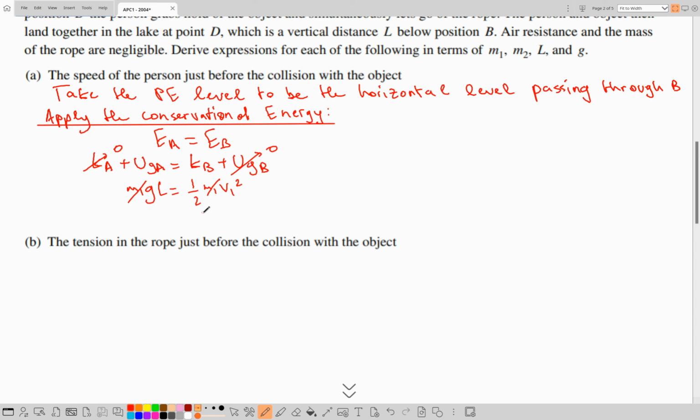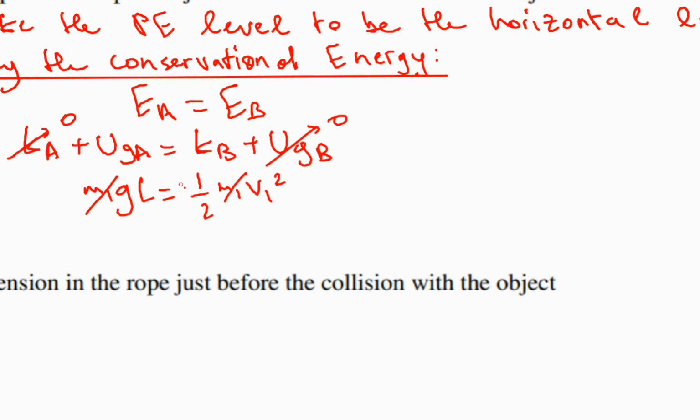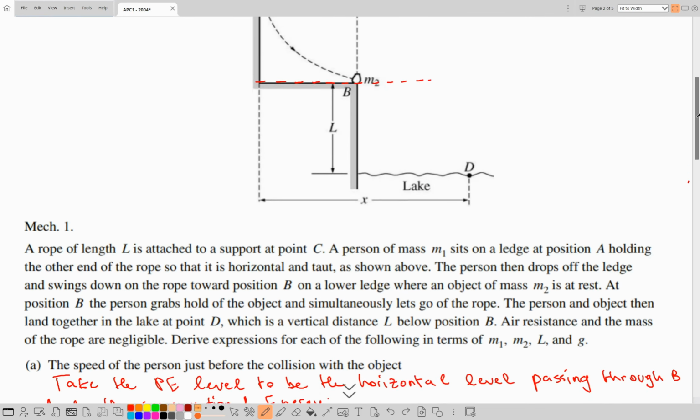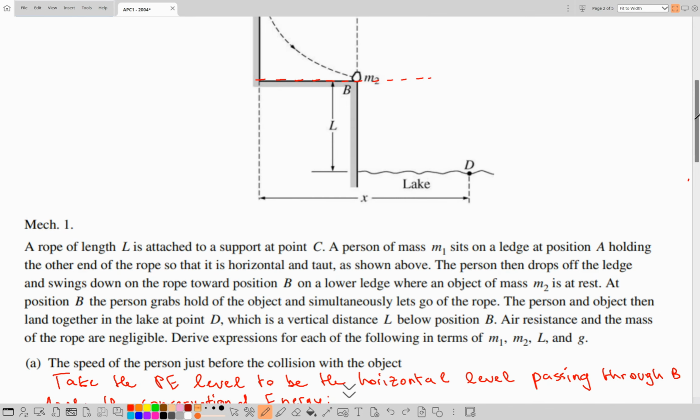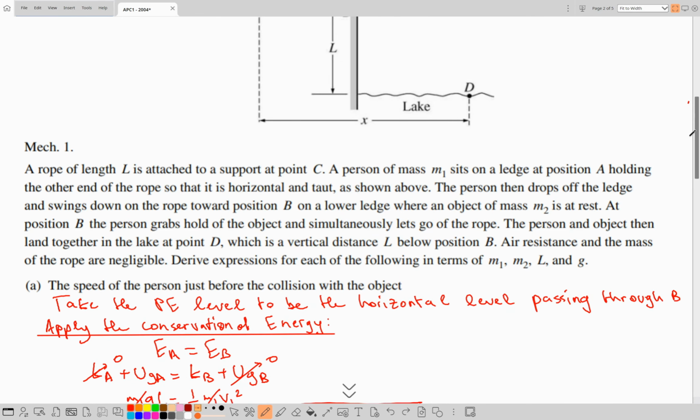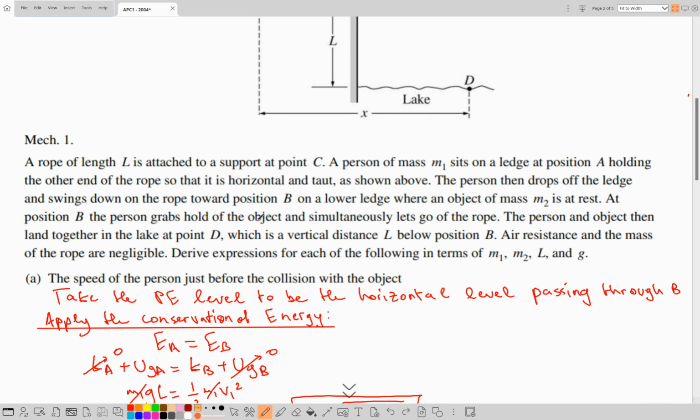Now M1 would cancel, and if we solve for V1, then V1 would be given by the square root of 2g multiplied by L. That would be the speed of the person just before hitting the object.